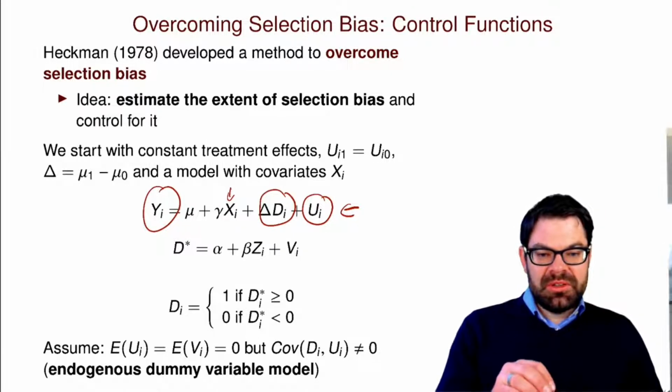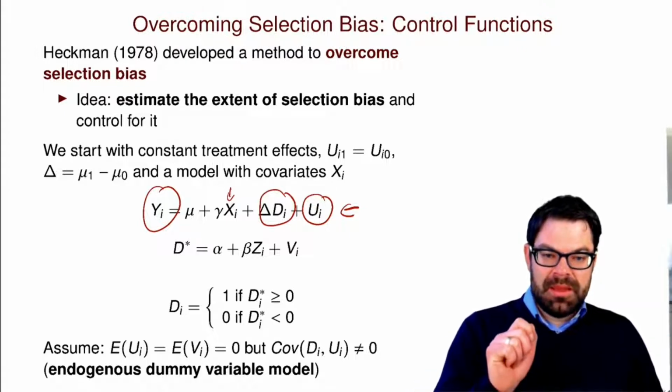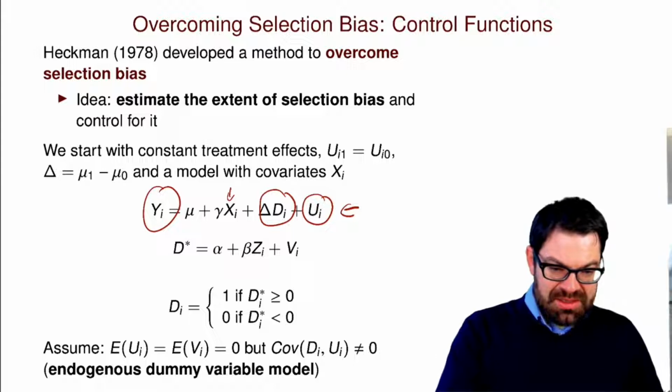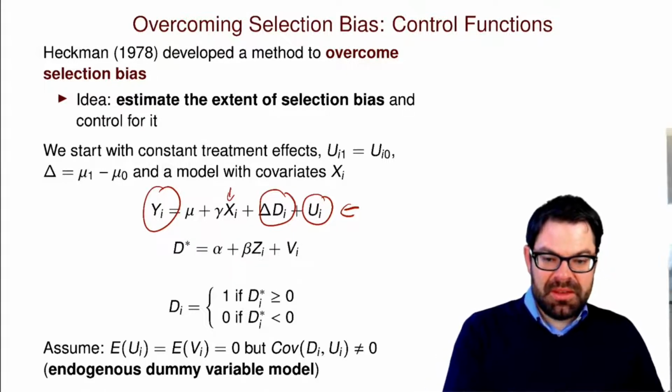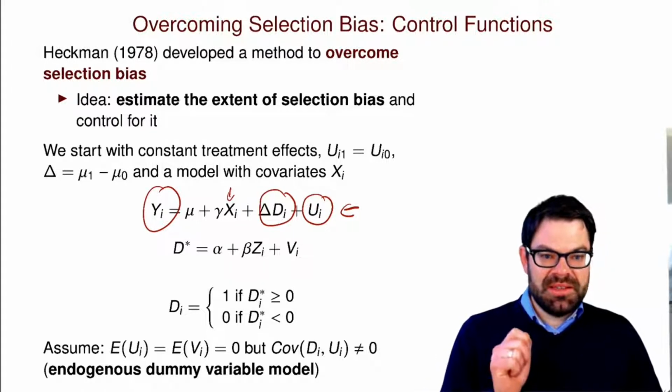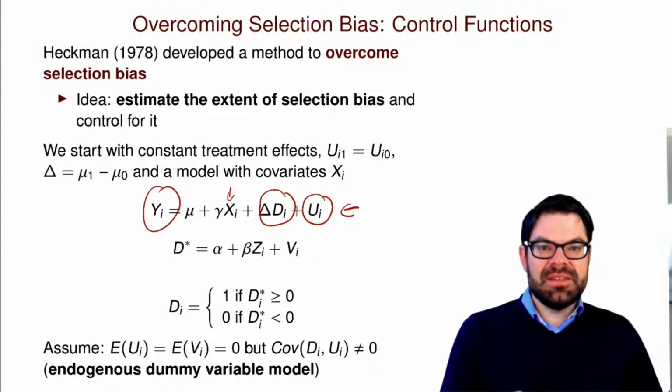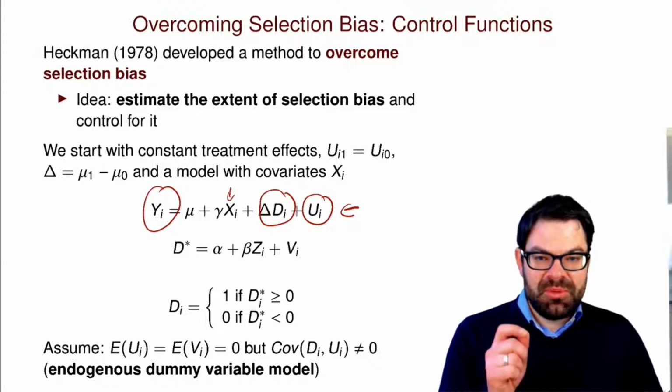So here the treatment effects are the same. For every person, when they get treated, they get the same benefit. However, there is heterogeneity in the model, and the heterogeneity comes from the selection equation itself.